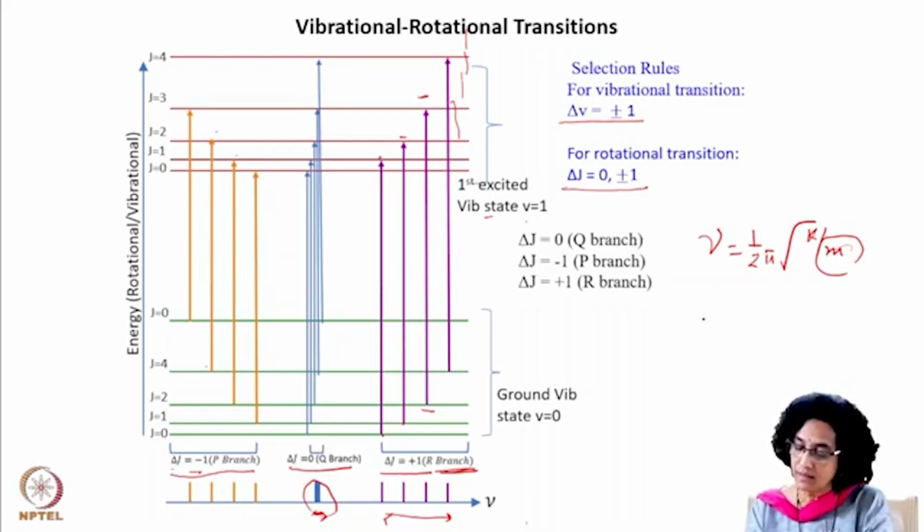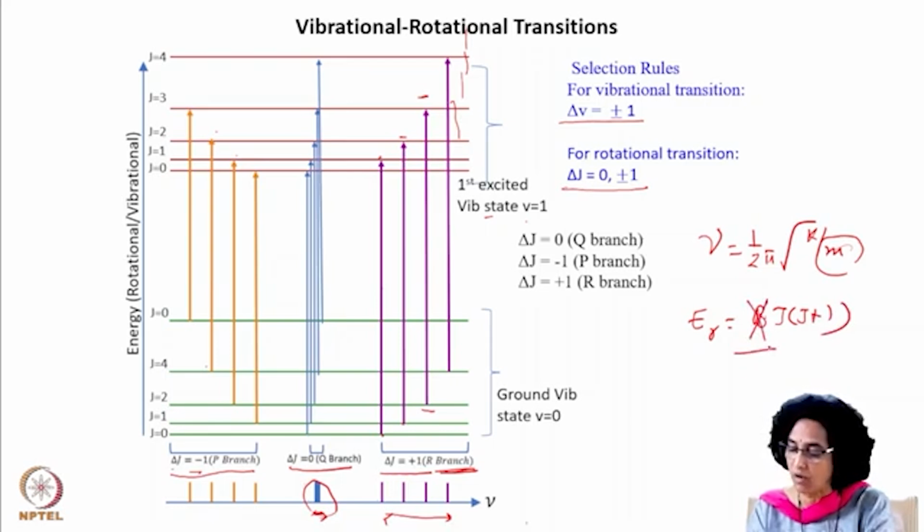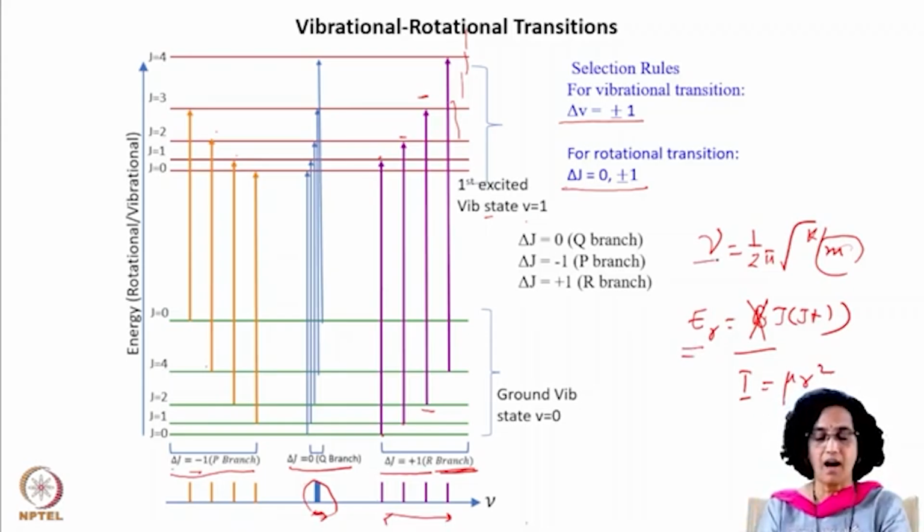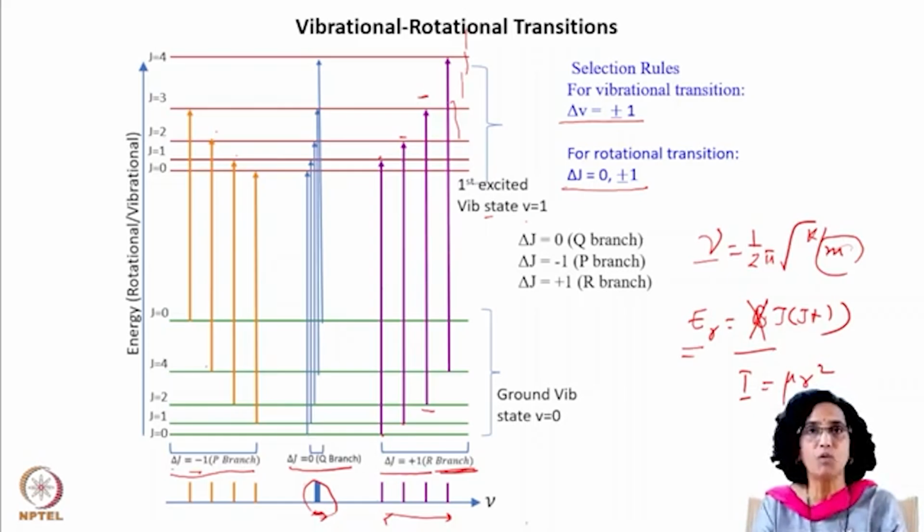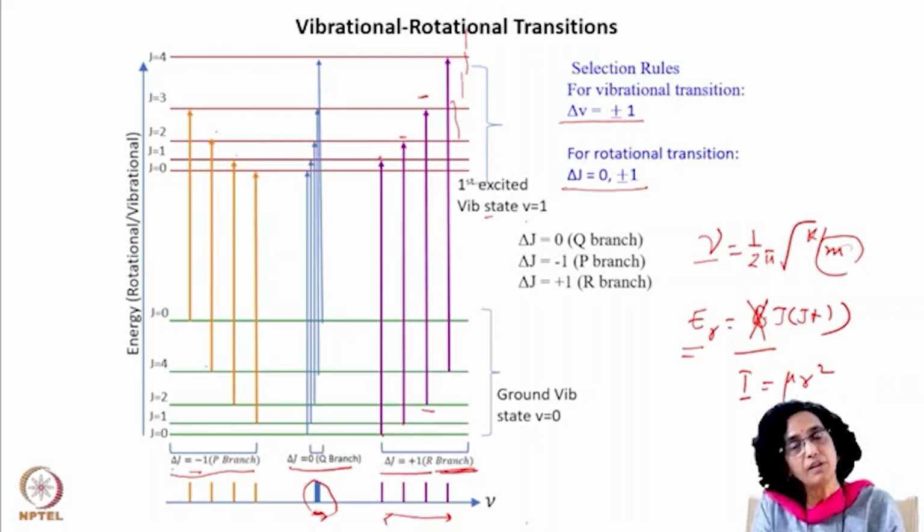So is the rotational energy level, which is B J into J plus 1, where B is dependent on the moment of inertia, which is mu r square. So these energy levels are specific to a particular molecule, and therefore the infrared spectrum of any molecule can be considered as a fingerprint of that molecule.